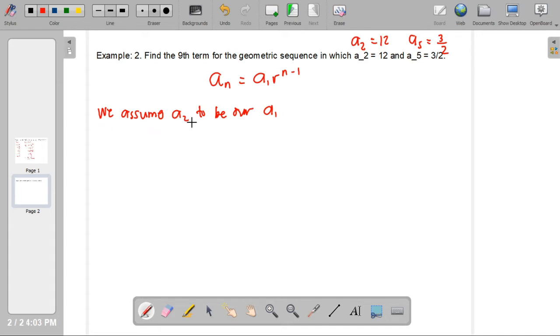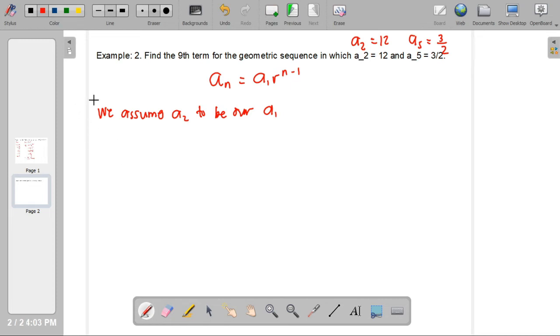Since we assume that our a sub 2 is our a sub 1, therefore a sub 5 is no longer a sub 5. If you count from 2 to 5, that would be second term, third term, fourth term, fifth term. So it becomes the fourth term, a sub 4.